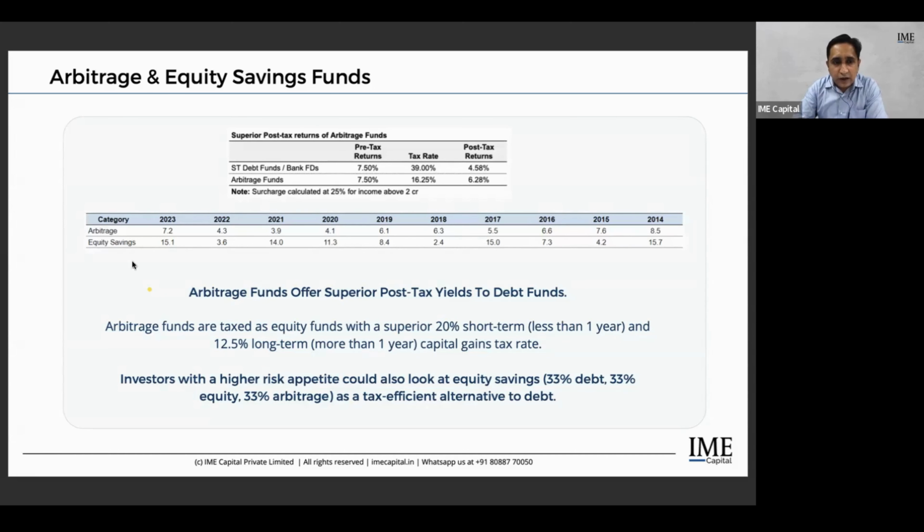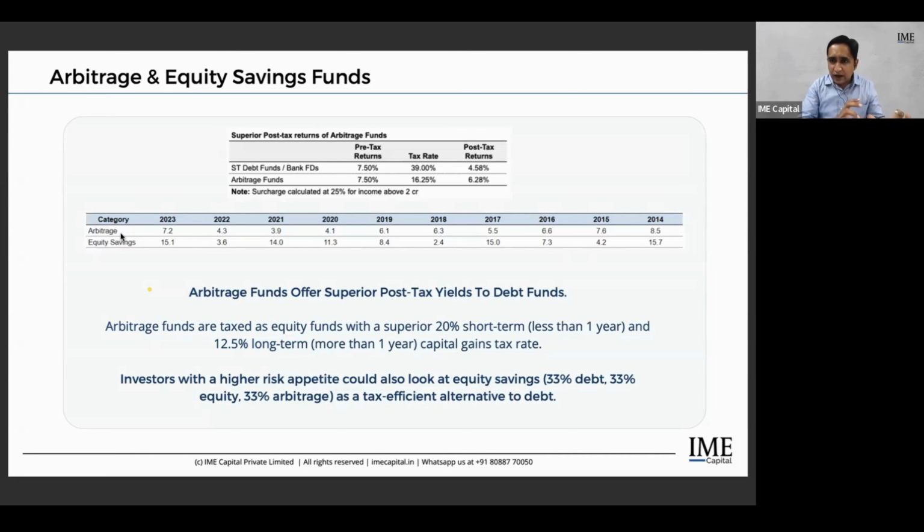If you're just looking at the returns these categories have delivered over the last decade, neither of these categories actually delivered a negative return, and you'd almost never expect that in arbitrage. Equity savings, because you have 66% in lower risk arbitrage or debt securities, will also not give a negative return, unless you have a year where equity markets fall by more than 15 to 17%.